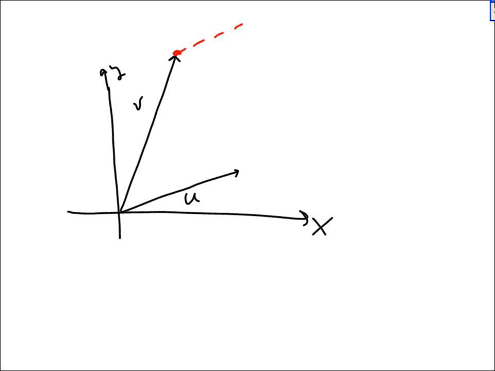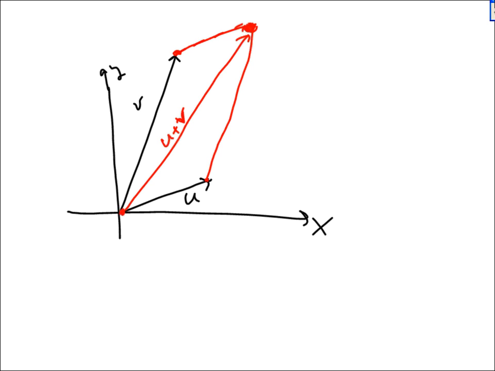In fact, I think we need to make u a little bit shorter. Now you do the same thing at vector u. You go to the head of u, but now you go parallel to v, and you meet out at this point up here. Well, this vector from the origin to where those two lines meet, that's called u plus v.